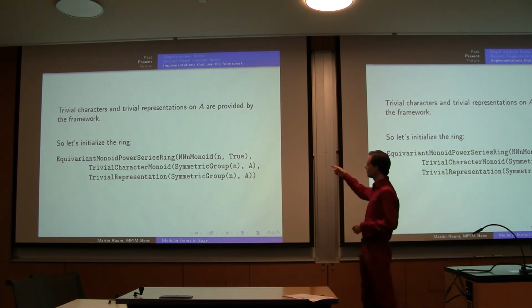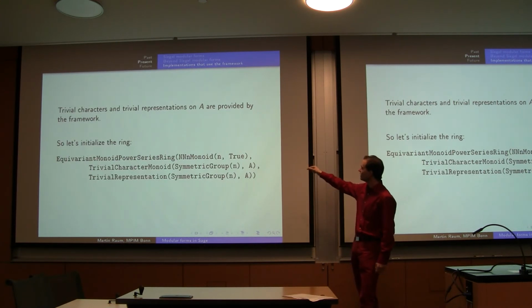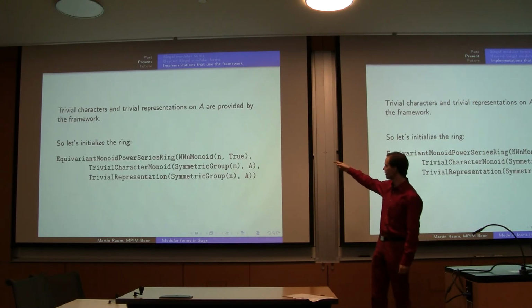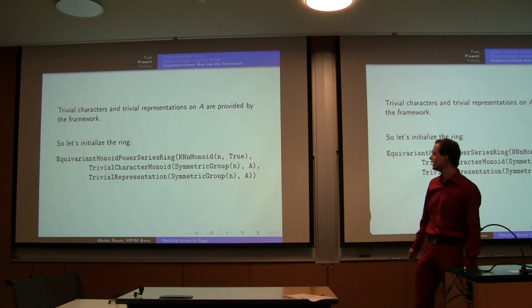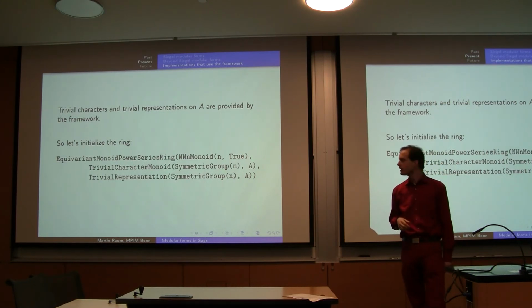All that I've shown so far goes into this first line, the monoid, and its associated filters that do not show up. They are referenced within that first class, and then the trivial character and the trivial representation is already given in the framework, and A is our base or coefficient ring, and that's all.